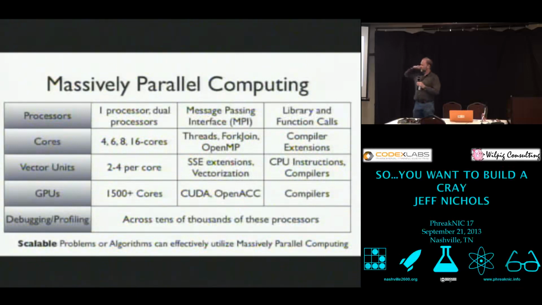So, getting to massively parallel, this is diving down through history and really going through processors. We all know we've got a processor, we've got a computer, we can make it do something. Then a lot of us had dual processors, but you really could treat it like 2 computers in the same box.